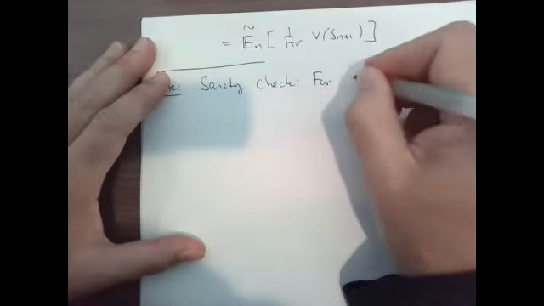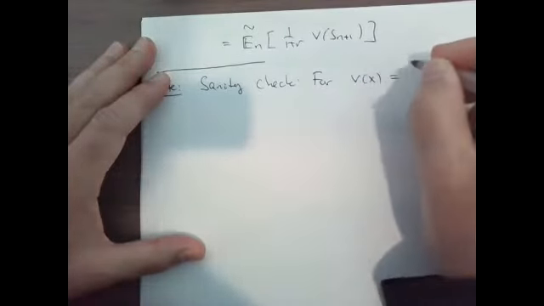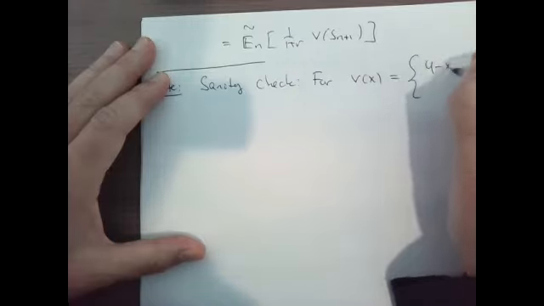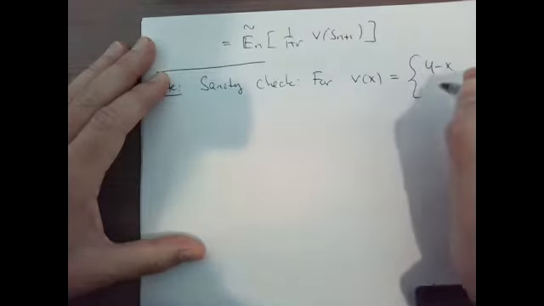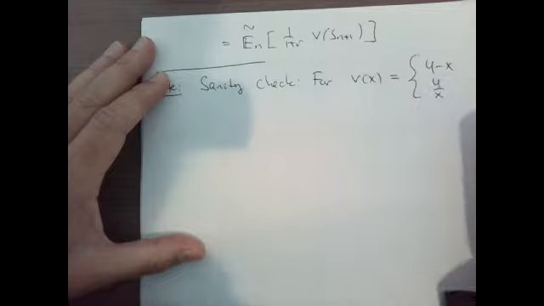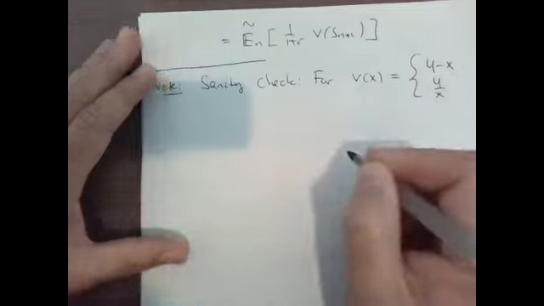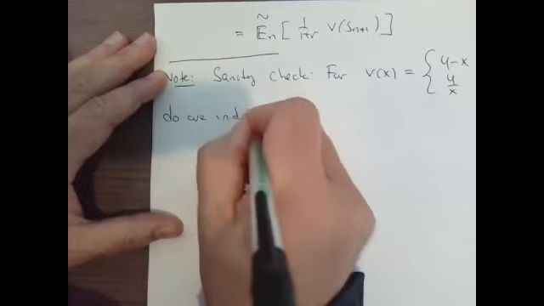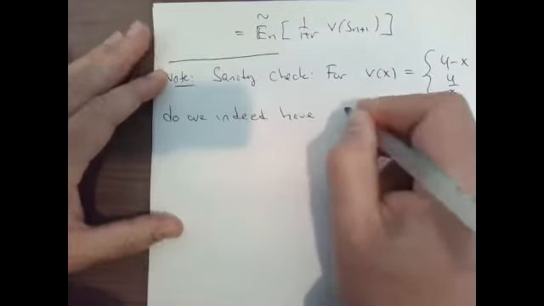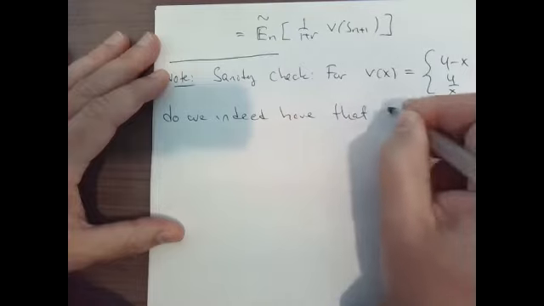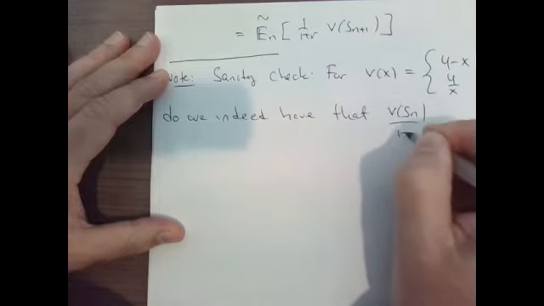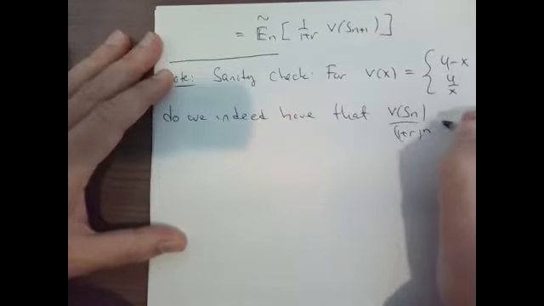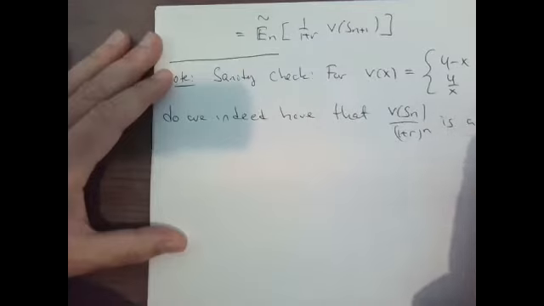For V of x being 4 minus x for x less than 2, and 4 over x bigger than 2, do we indeed have that V of Sn divided by 1 plus r to the n is a super martingale?